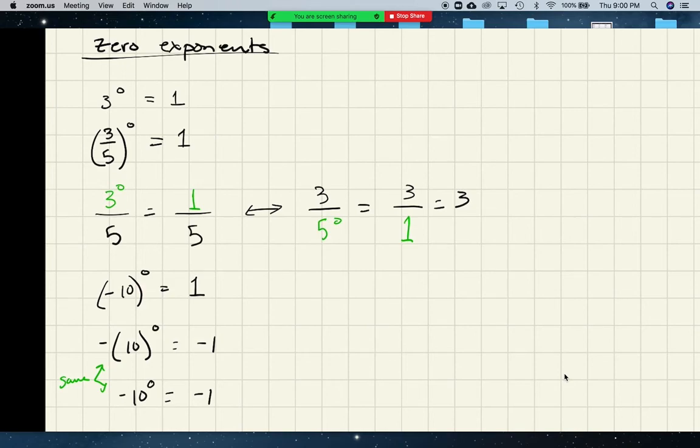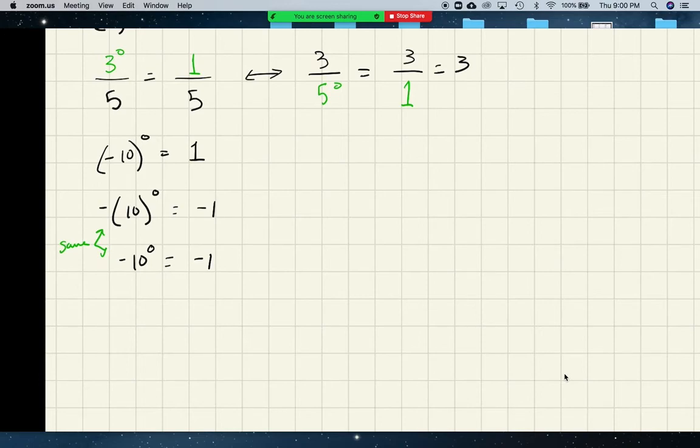Negative exponents. This is kind of a tricky one. If you have 3 to the negative 1, you can always put any whole number over 1, even with exponents or not.